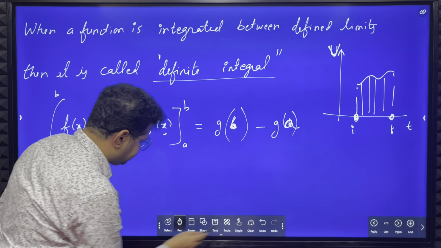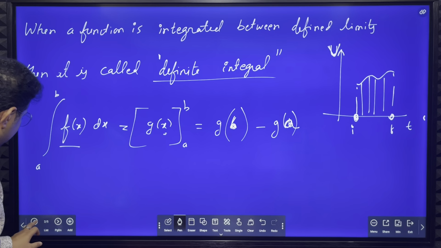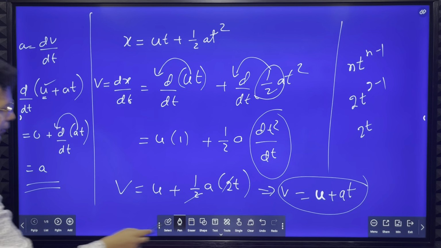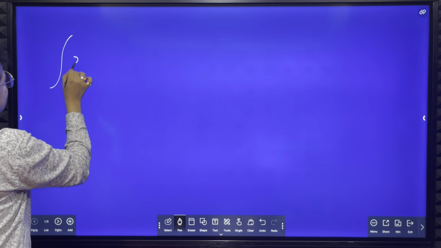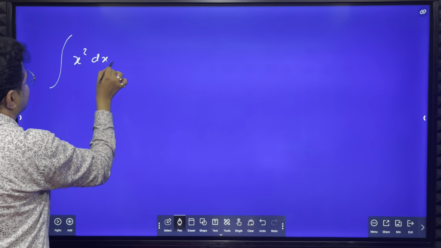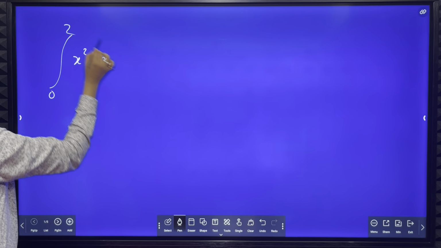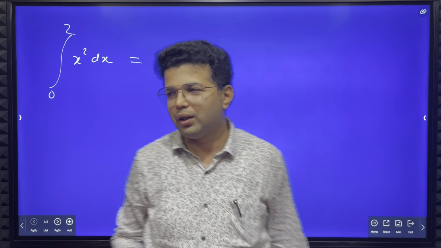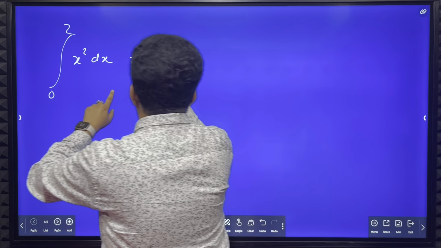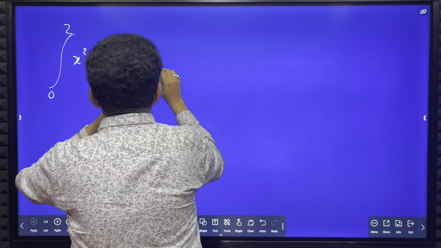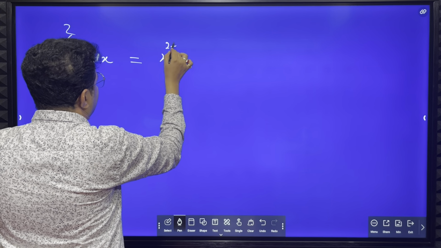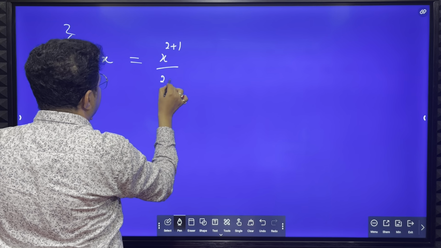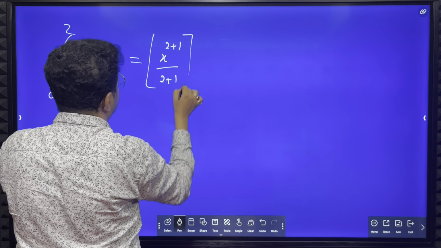We will try to understand this using an example. Say, integration of x square with respect to x between the limits 0 and 2. What is integration of x square? It is x power n plus 1 divided by n plus 1, between the limits 0 and 2.